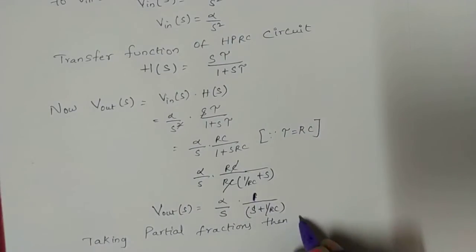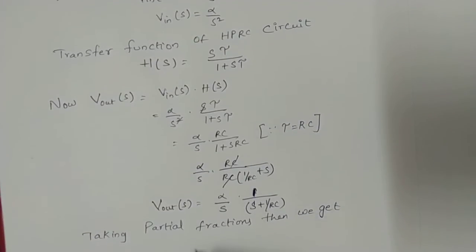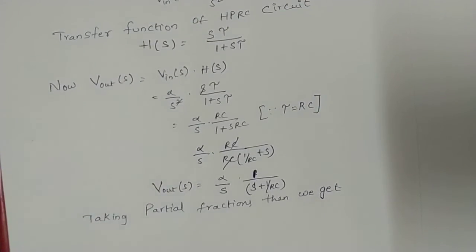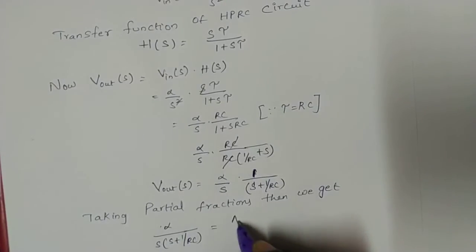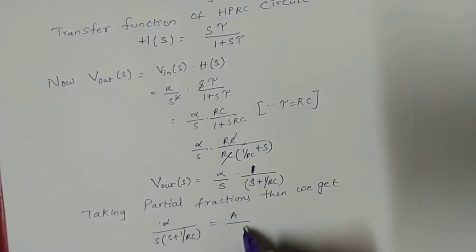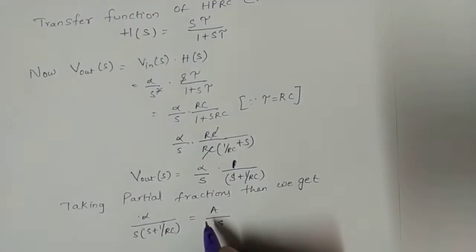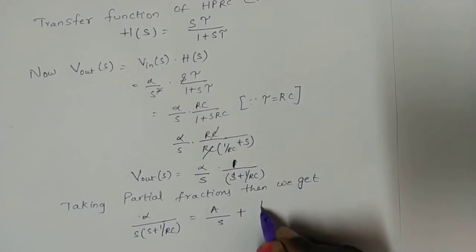We write the output expression alpha by S into S plus 1 by RC equal to A by S plus B by S plus 1 by RC.